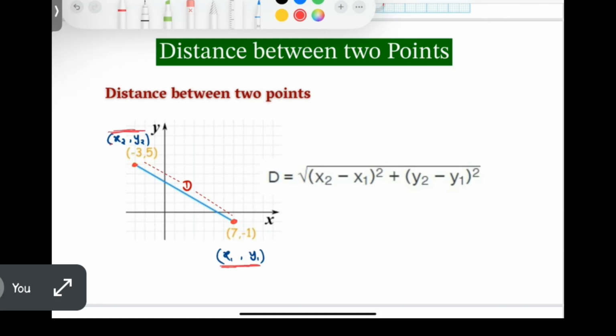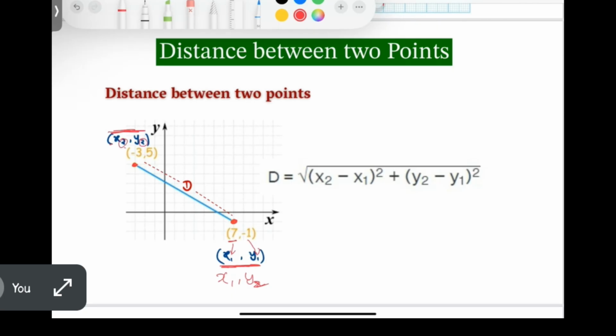Remember, when you are naming, we don't name like x1 and y2. If you are naming this one 1, then this should also be 1, that means x1 y1. And if you are naming this one 2, this should also be 2.